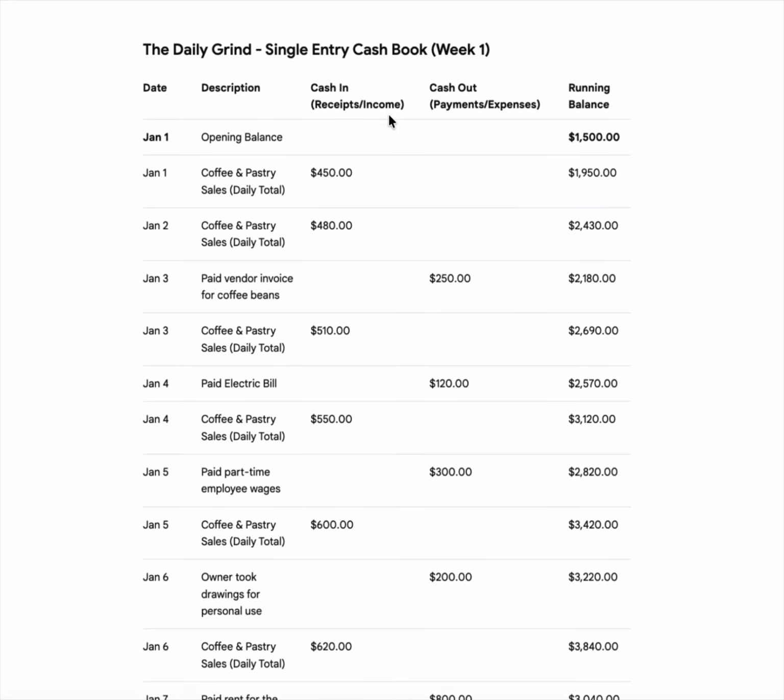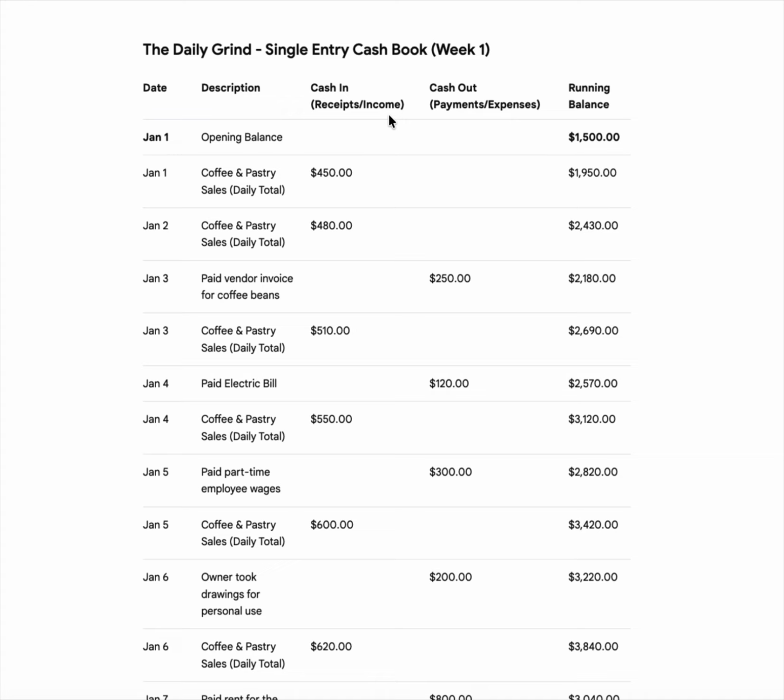And the most important thing about this single entry cash book is you need to enter the date on which the business entry was registered, then the description, what exactly the entry is about, like whether you're making some sales, paying for your inventory, or paying the bills.